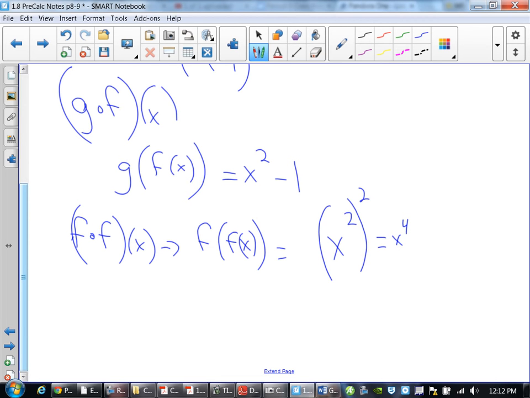We surround it then with the F equation, which just happened to be just X squared, because this X minus 1 substitutes in for X. The book is now writing it in terms of composite. Instead of F of G of X, they're just writing it as F composed with G of X. It means the exact same thing. It's just the more proper way to write it. That's all.